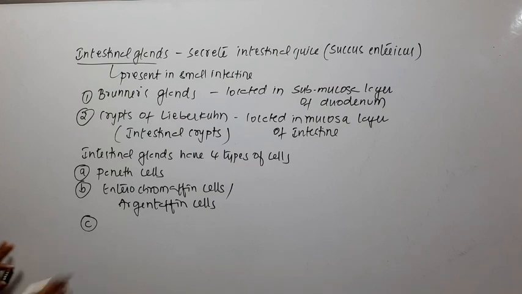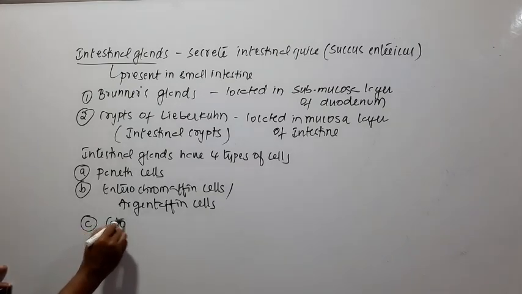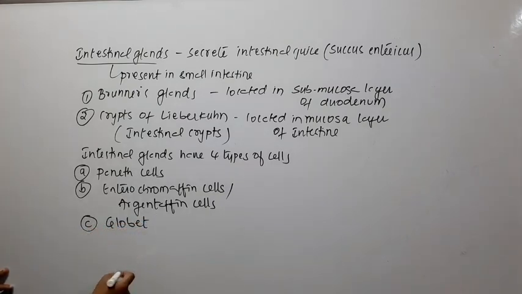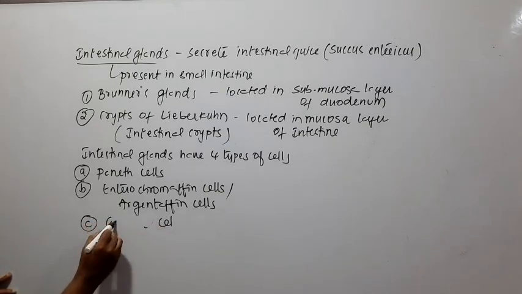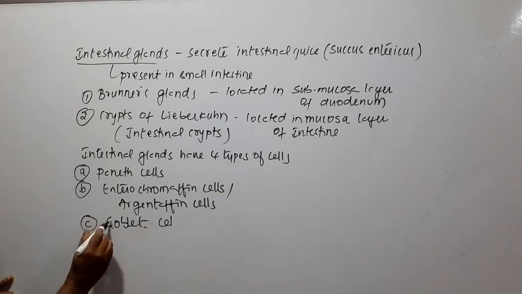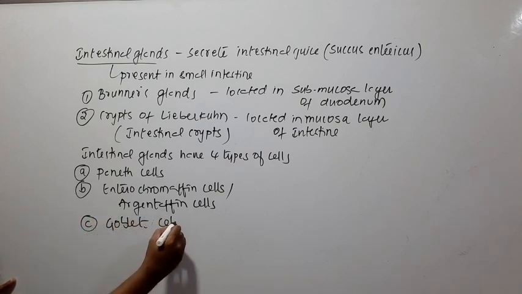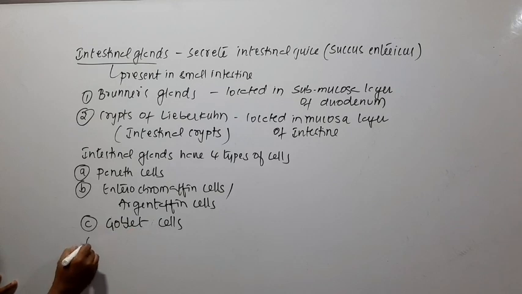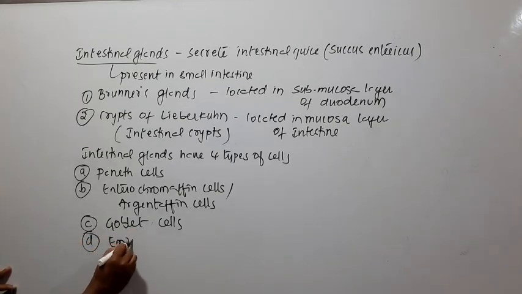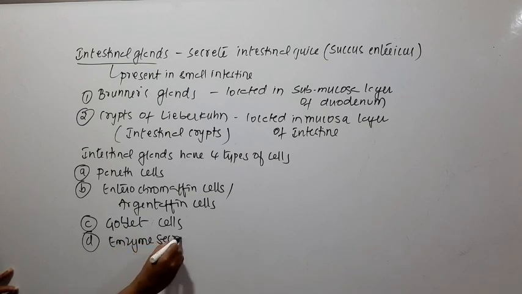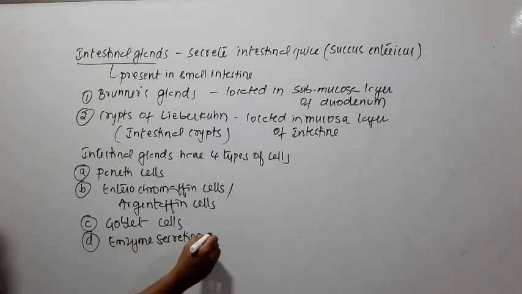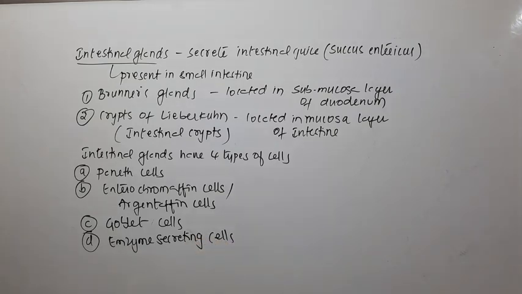The next one they have is goblet cells. The next, they also have enzyme secreting cells. So these are the four types of cells present in the intestinal glands.